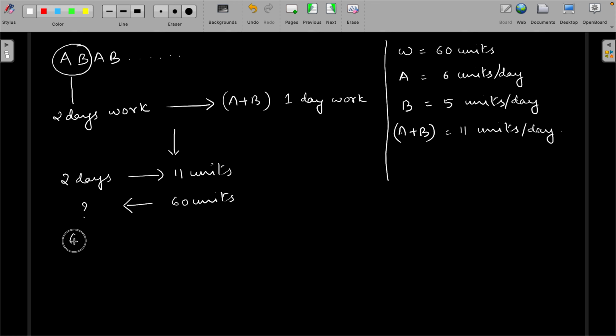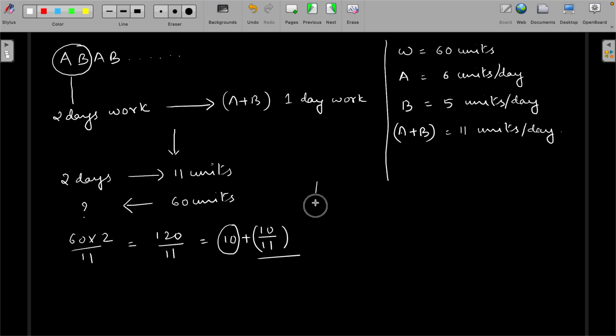That is nothing but 60 into 2 by 11, which is 120 by 11, which is 10 plus 10 by 11. So the number of days taken will be 10 days plus some X days.